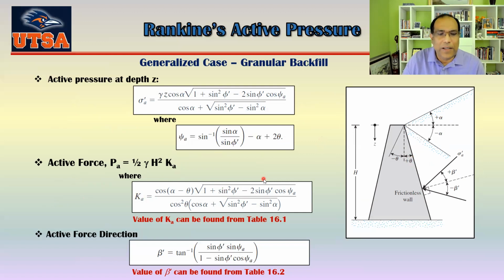Now the direction of the active force: you can see this is your back face, and this is the line perpendicular to it. This is the angle beta, and the active force will act at beta degrees with the perpendicular line.